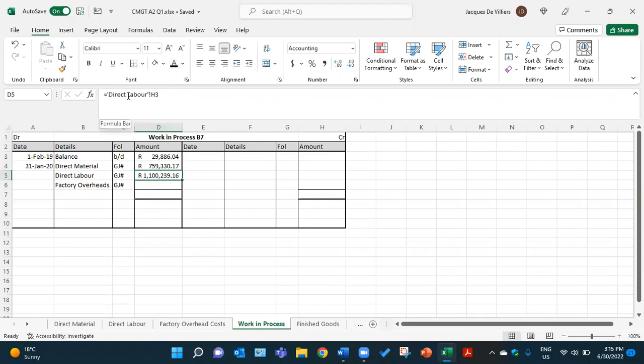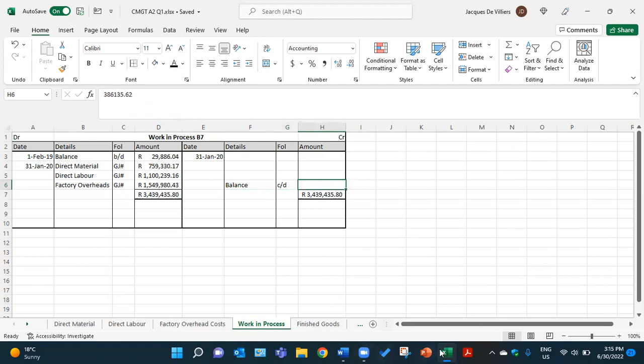You can actually see that when I did it, I just referenced it from that sheet. And then I add it up. Take the same amount to the credit side, but now remember, put the date there. What I have here is my balance, my closing balance was already given. Okay, that I had to carry down.